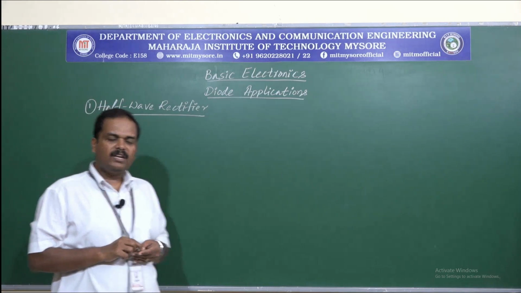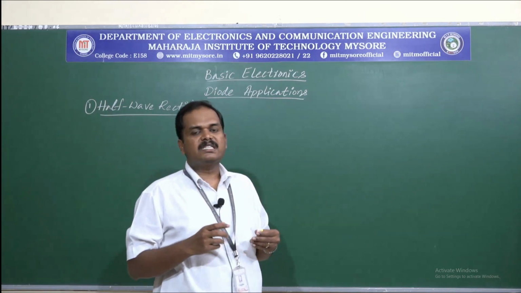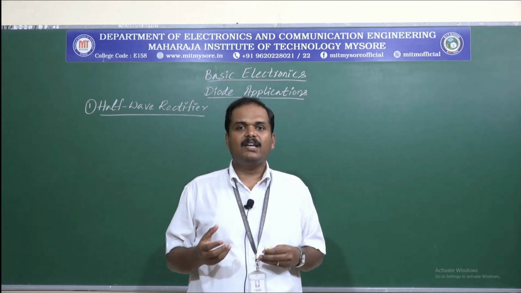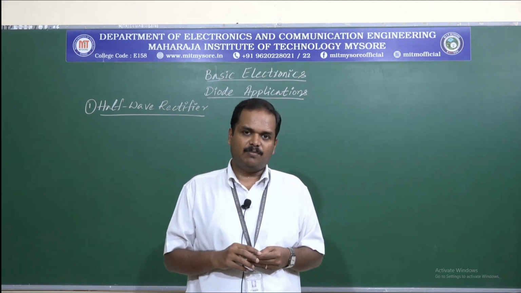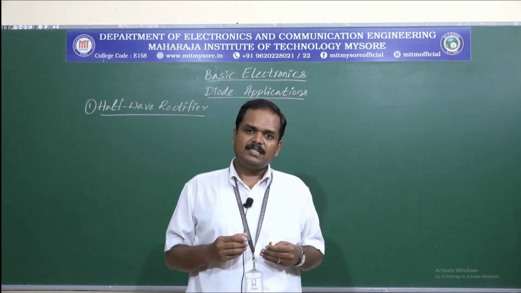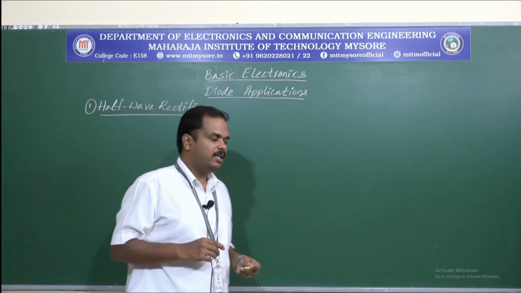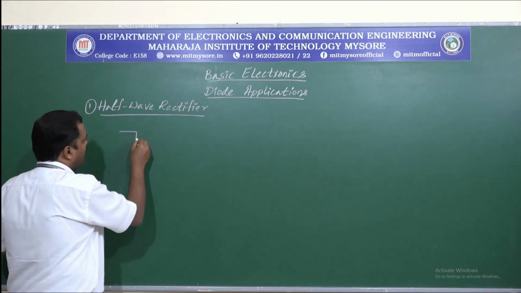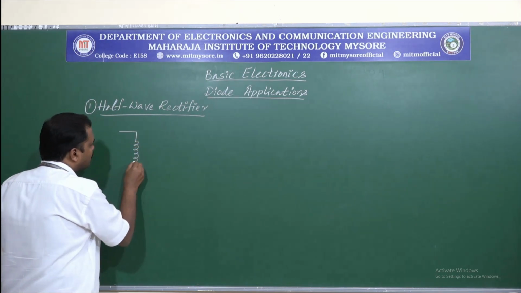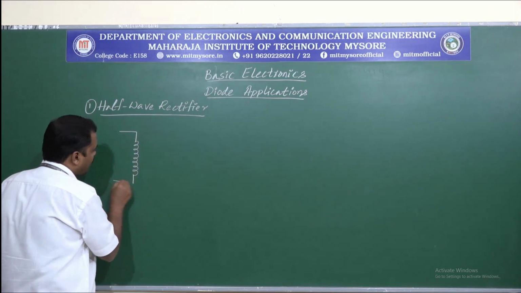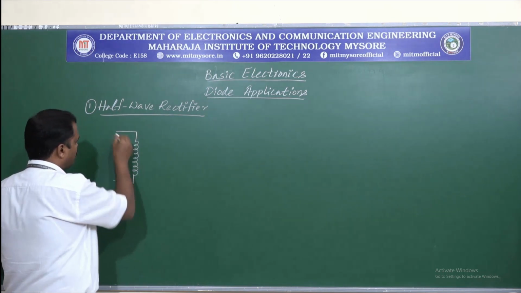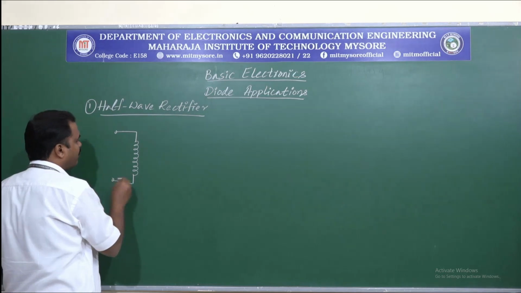So, half wave rectifier is the one that converts either the positive half cycle or the negative half cycle of the AC power supply. And let us consider the circuit diagram for the half wave rectifier. So, first we will be having a transformer, and let us consider a step down transformer here. So, this is primary coil.